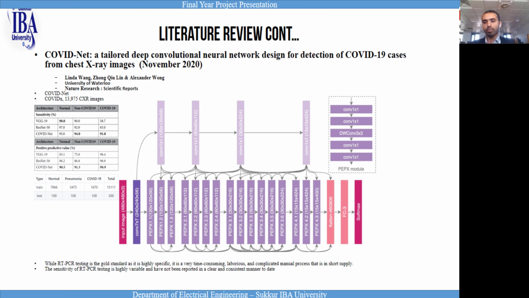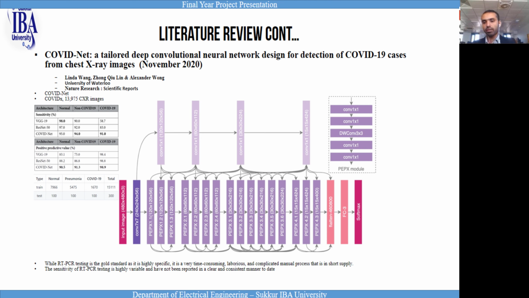in this table, the VGG19 shows 98 for normal, and the maximum sensitivity for non-COVID shows the highest 94, and COVID-19 also shows the highest 91%.